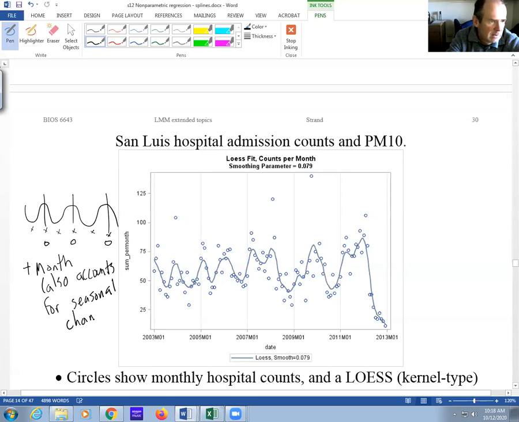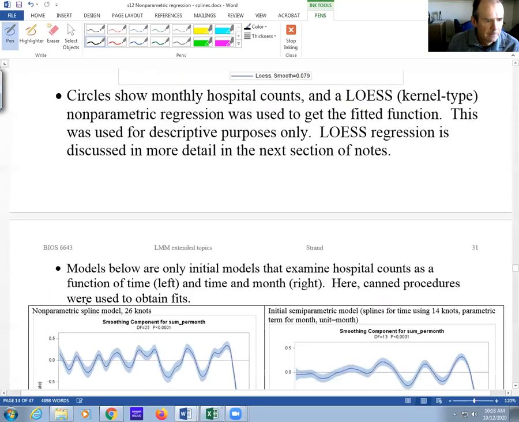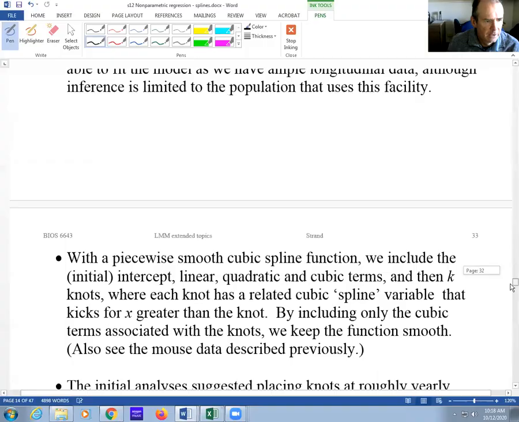Samantha, I think you asked: that's part of the reason I didn't do one every 6 months, because I felt it would be overfitting to have a knot every 6 months and this seasonal predictor in the model. So I did a knot every year. That really allows us to model a 2-year cycle in terms of the spline terms.